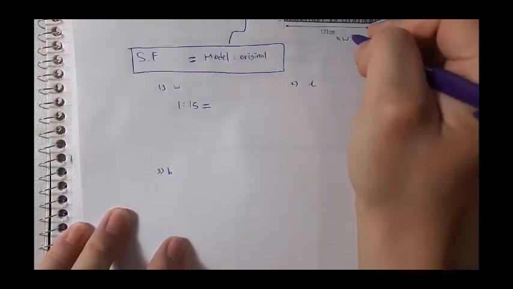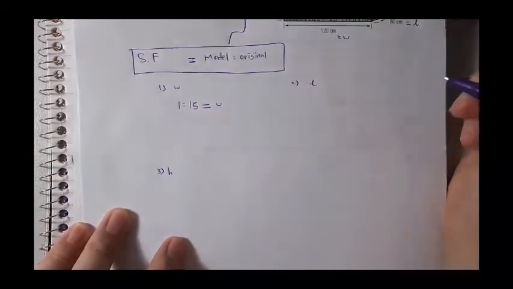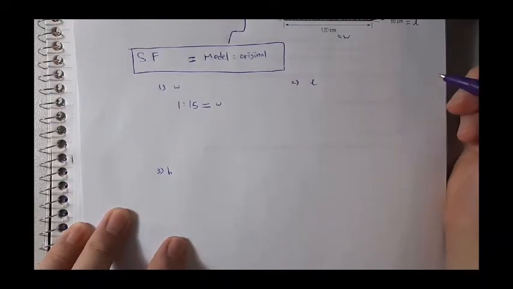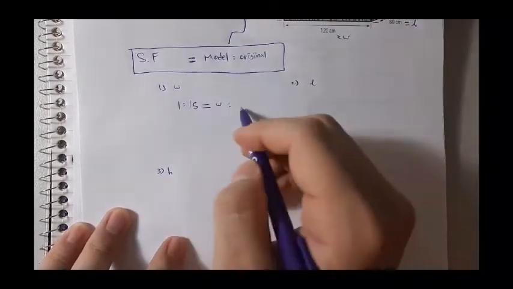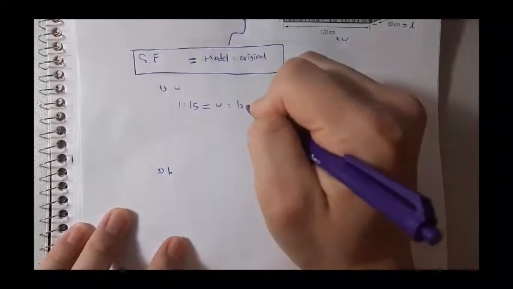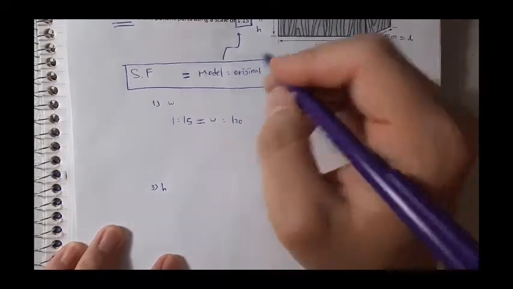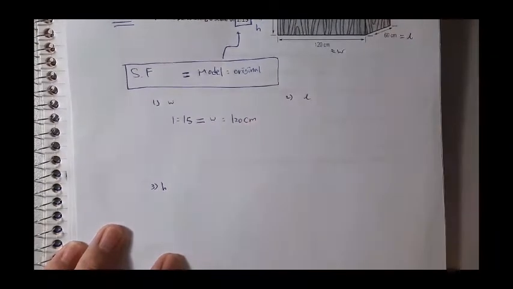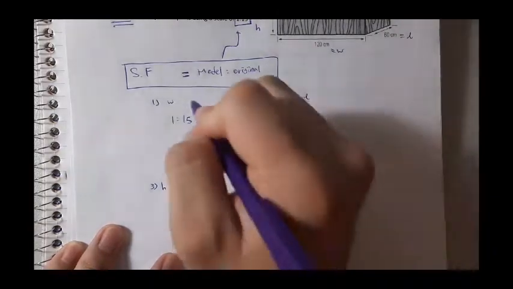Now, the original value is given, but the width we don't know. So I'm going to put the width for the model drawing component part as W, dot dot, 15 was my original, and my actual original value, what you see over here, is 120 centimeters. Now, after that, the ratio was simple.